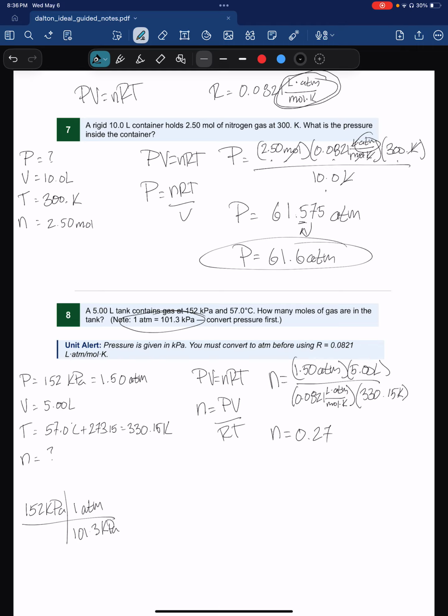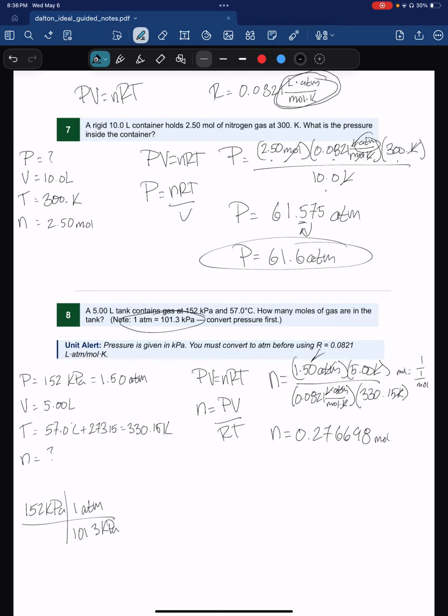I got 0.27669. Let's see, atmospheres with atmospheres, liters with liters, Kelvin with Kelvin, and we're left with 1 over moles, which is the same thing as moles. Perfect.